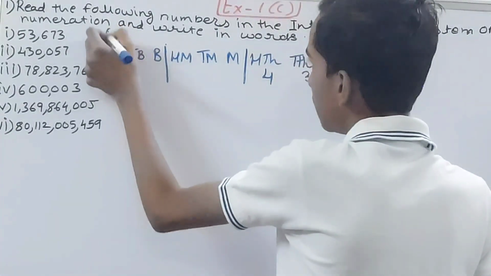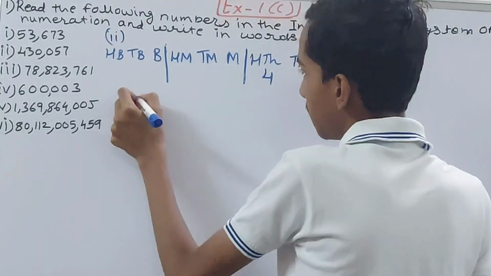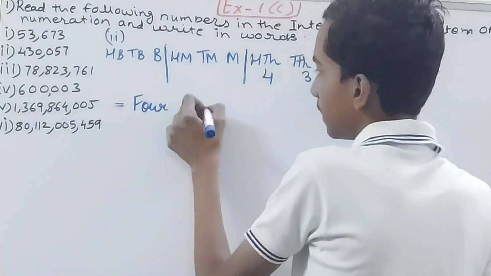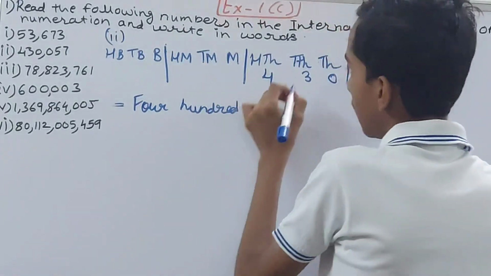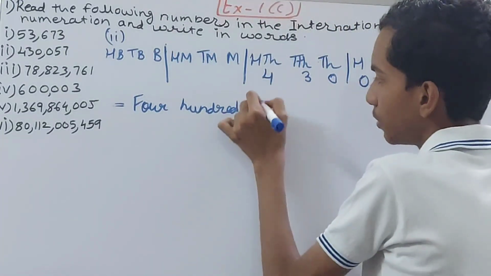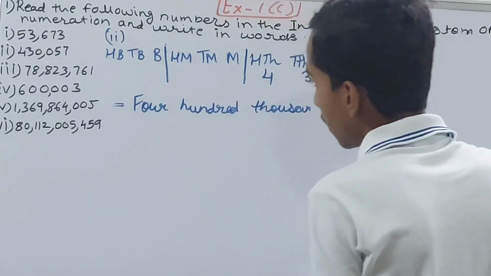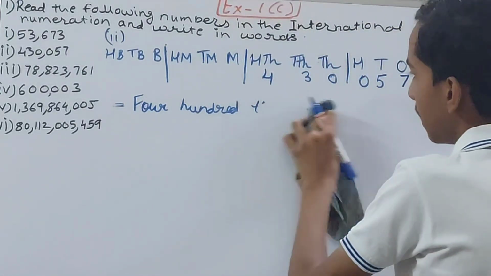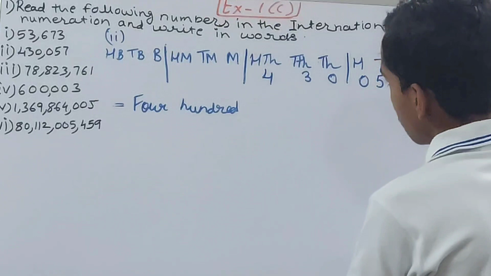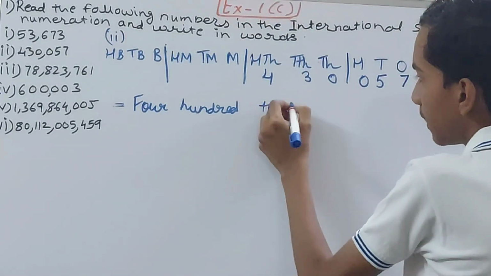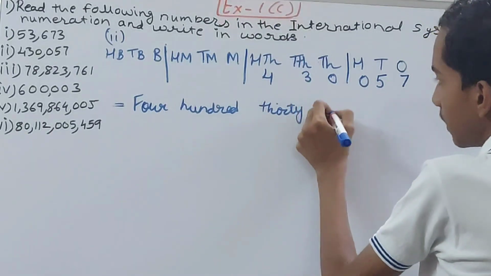Now see, this will be 400,000, because it is at the 100,000s place, but rather we will say 430,000, because there is 3 at the 10,000s place as well. So 430,000.